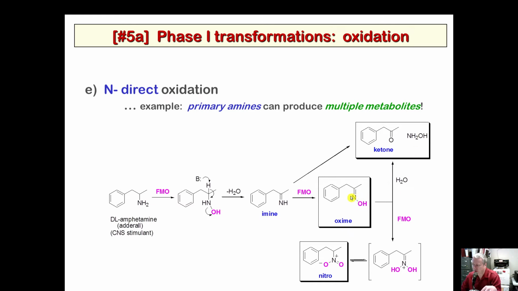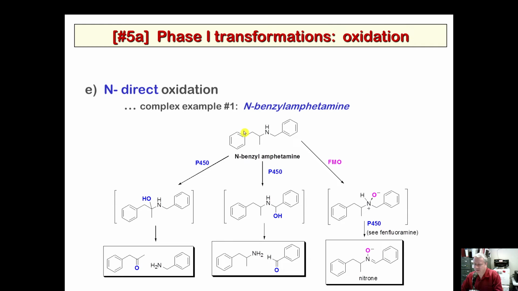If this hydrolyzes off, it would make hydroxylamine. But if this hydrolyzes off, it would make ammonia, NH3, right? The oxime can further oxidize on the nitrogen with FMO and make this higher oxidation state species, and it can rearrange to make a nitro species. So there are basically 3 common metabolites of Adderall: the nitro, the oxime, and the ketone.